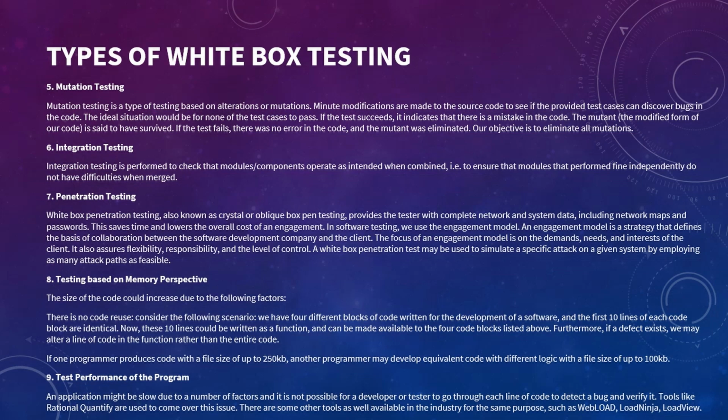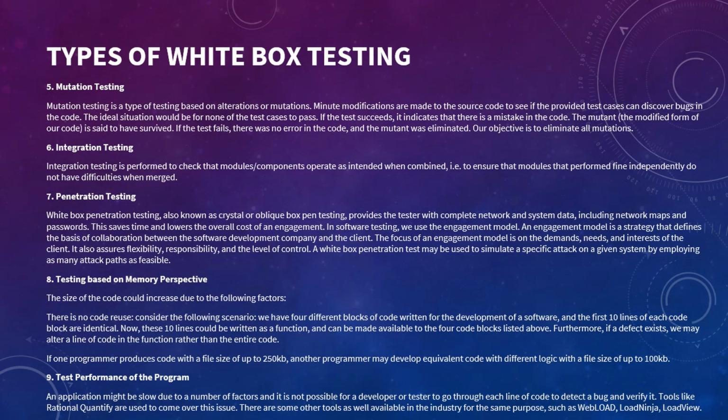8. Testing based on memory perspective. The size of the code could increase due to the following factors. There is no code reuse. Consider the following scenario. We have 4 different blocks of code written for the development of a software, and the first 10 lines of each code block are identical. Now, these 10 lines could be written as a function and made available to the 4 code blocks.